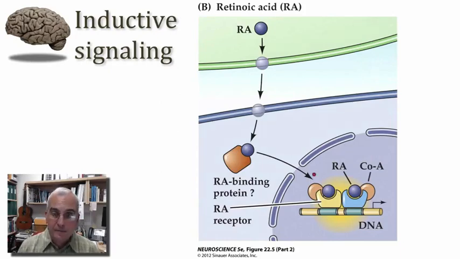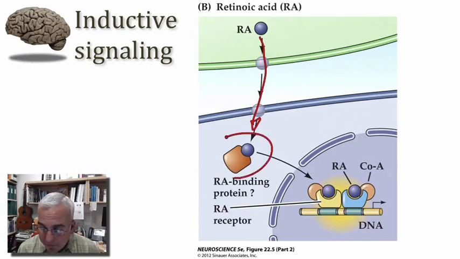Retinoic acid is synthesized and released, and as a lipophilic molecule, it can readily translocate through cellular membranes, and it can bind to a receptor within the cell, and that receptor becomes a transcription factor that translocates to the nucleus, and it can interact with other binding proteins and turn on particular genes.